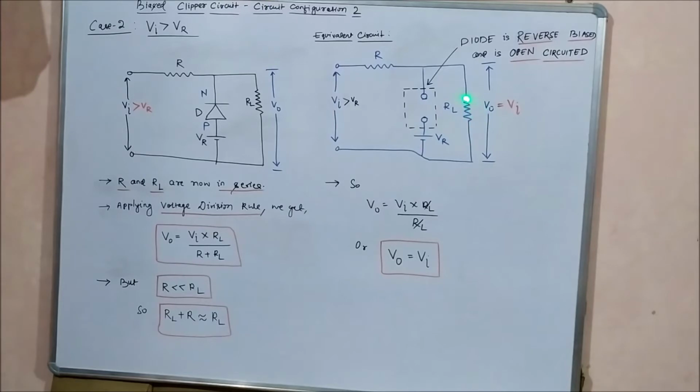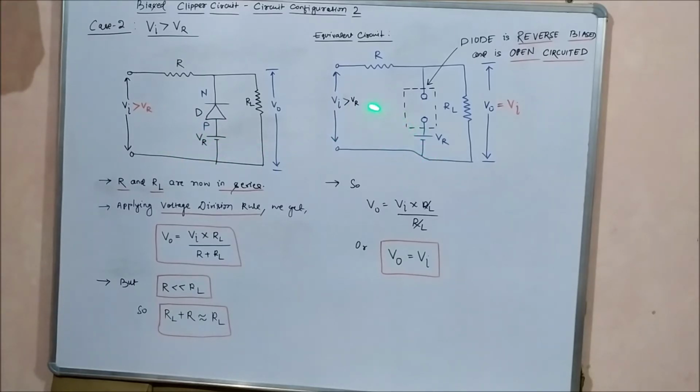So the voltage division rule comes into play, and we apply it to calculate the output voltage across the load resistance, which we found nearly equal to the input signal voltage. So we will get exactly the same shape as the input signal waveform as output when the input voltage exceeds the reference voltage value.